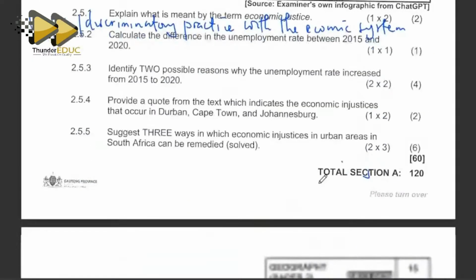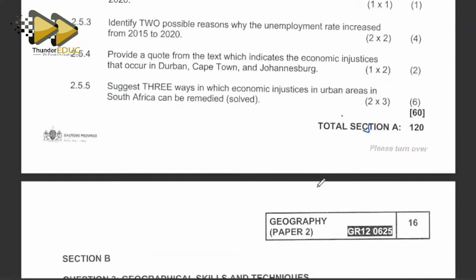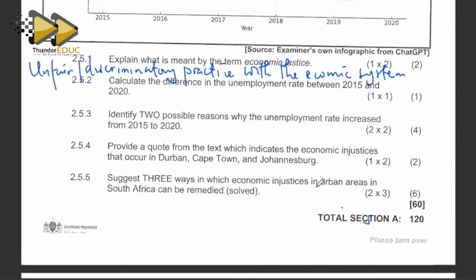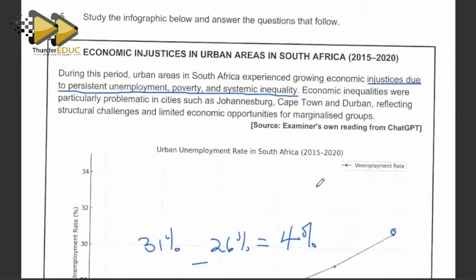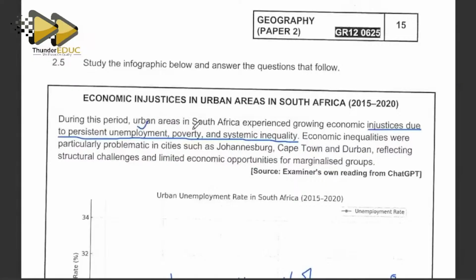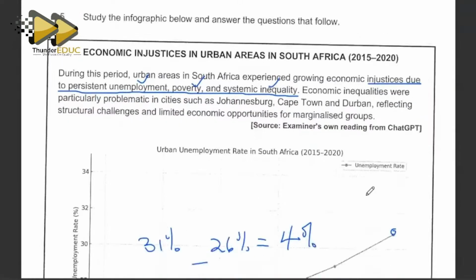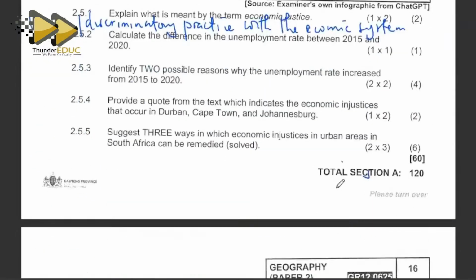Then our next question is saying, suggest 3 ways in which the economic injustices in urban areas in South Africa can be remedied or resolved. Right, our major crisis is unemployment, poverty, and inequality. So we want to try to find ways of dealing with those problems. How can they be addressed? So we look at aspects like job creation initiatives.